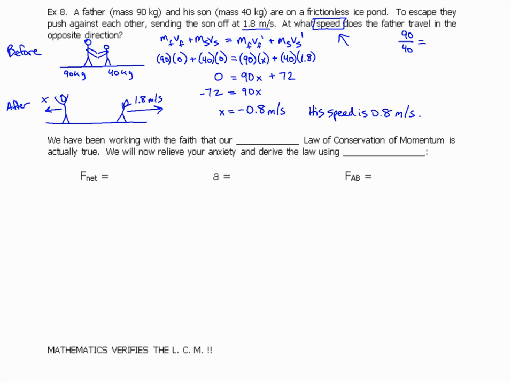And then the ratio of the speeds, the ball to the cannon, so they were flipped. So the ratio of the masses, father over the son, equals the ratio of speeds, but the son is on top and the father is on bottom. And so this is how you could do it using the ratios, and it would have been really pretty fast. It's easy to mess up the ratios if you get them upside down. The law of conservation of momentum formula is longer, but it is more reliable.